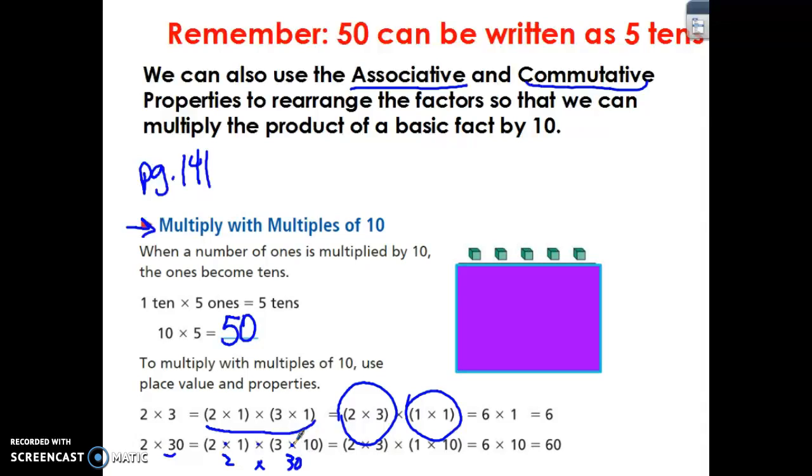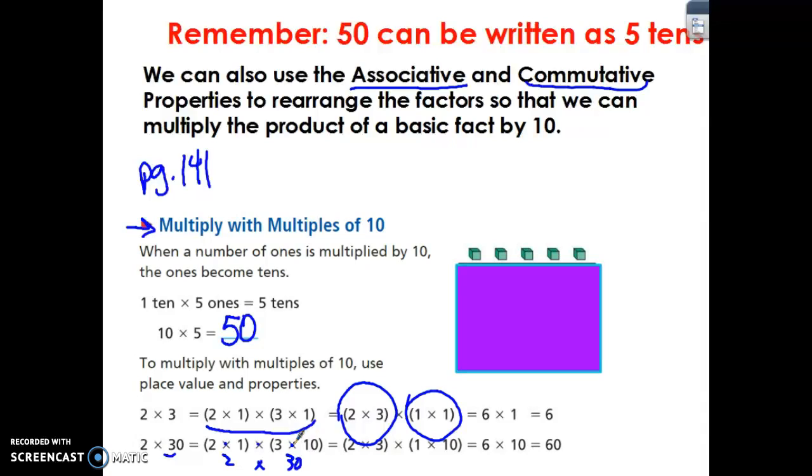If you had a different sign in there, like a division, a subtraction, an addition sign, with the multiplication, I would not be able to do that. But because they're all multiplication signs, I can change who they're hanging out with to make an easier equation, or to see if I can multiply by a group of 10, because multiplying with zeros is really fairly simple. You just have to get that basic idea of it first.